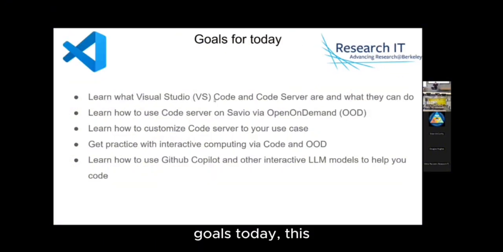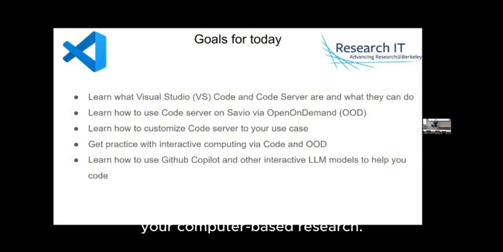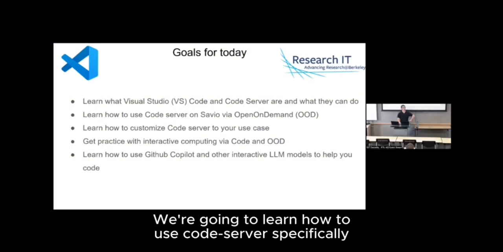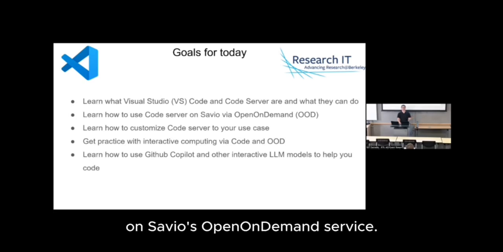In terms of our goals today, this is a tutorial on Visual Studio Code, VS Code. It's going to be a broad overview of a lot of the tools and functionality of this software. So we're going to learn what VS Code is and what Code Server is and what they can do and how they can help you in performing your degree-based research. We're going to learn how to use Code Server on Savio's Open OnDemand service.